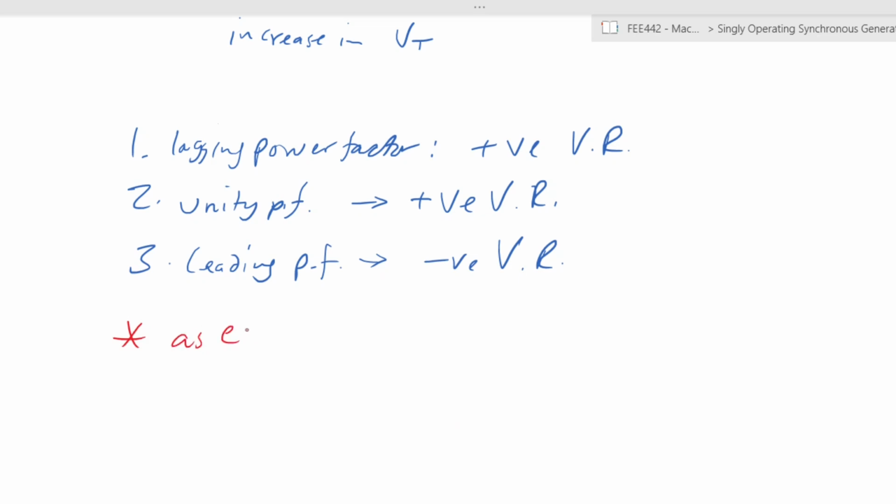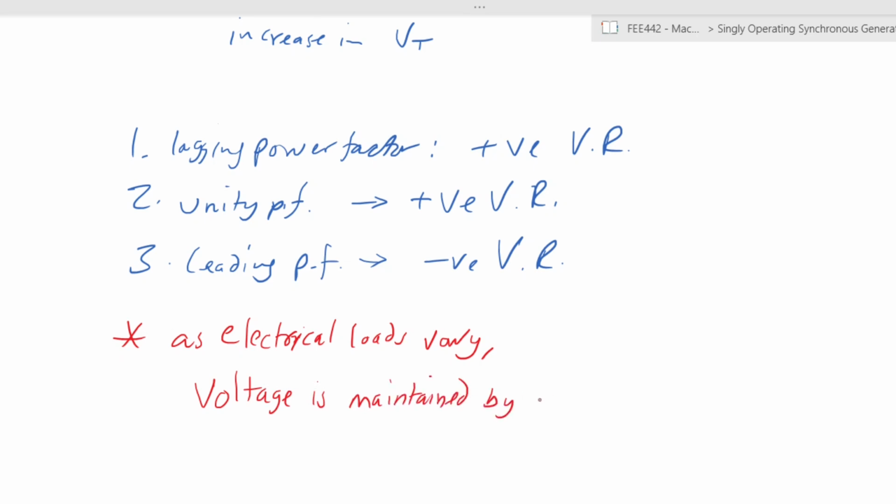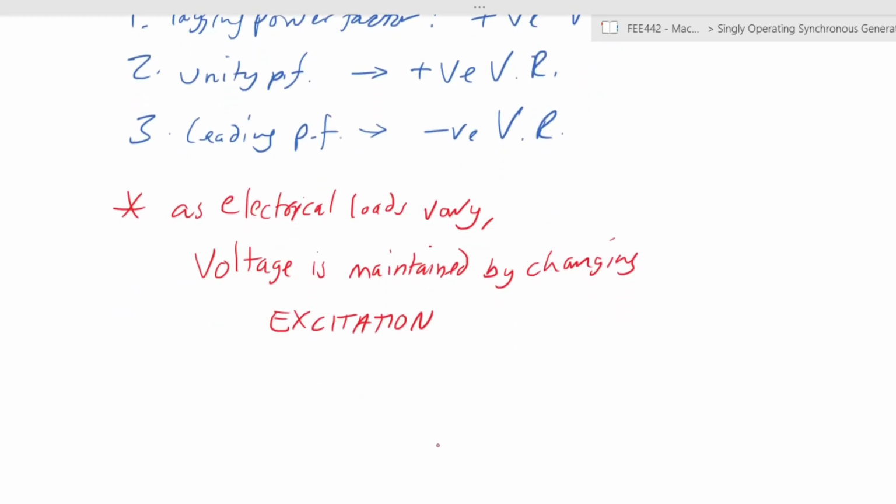As electrical loads vary, voltage is maintained by changing excitation. And this is key for the rest of this unit.